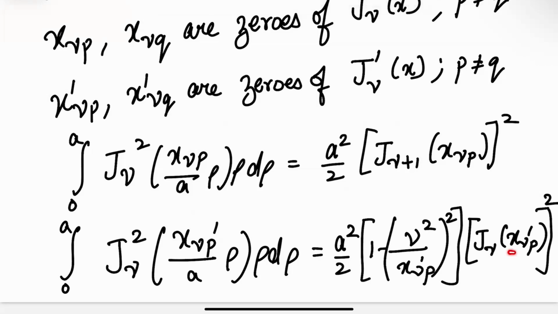Okay, so x'_νp is obviously a zero of the derivative of the Bessel function. This term is not 0.